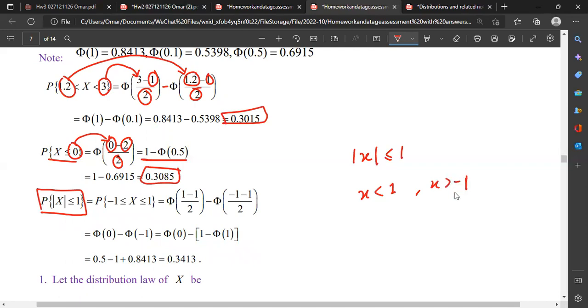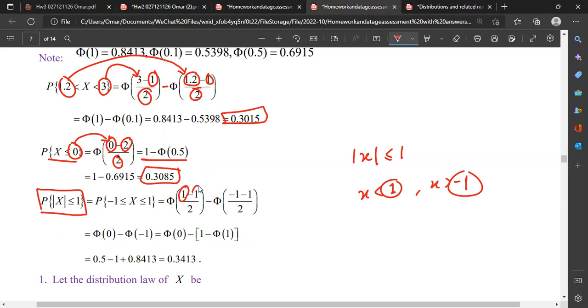Yeah, so this way. You see here x is 1 and here x is minus 1. So that's why we write it this way.